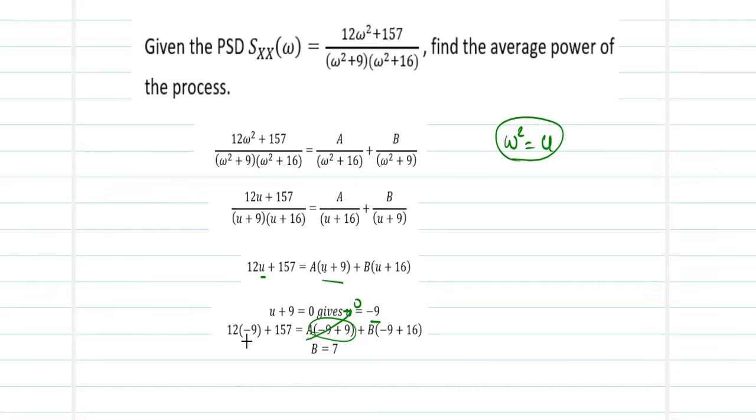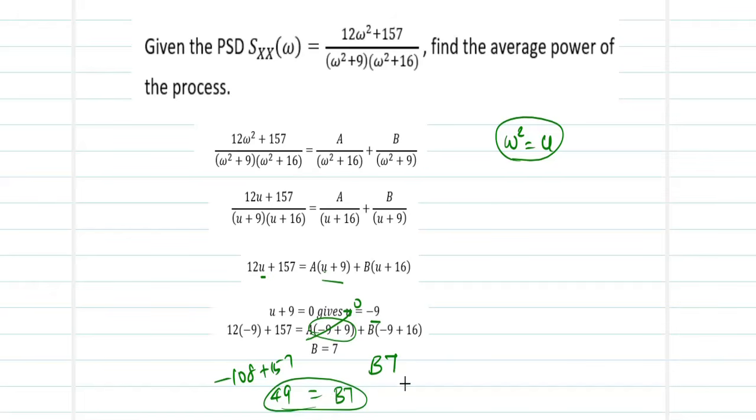So 12 times minus 9 is minus 108. Minus 108 plus 157 makes it 49, which equals B times, minus 9 plus 16 is 7, so B times 7. So 49 is equal to B times 7.